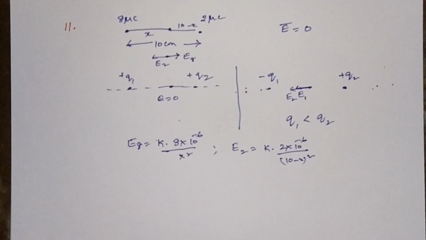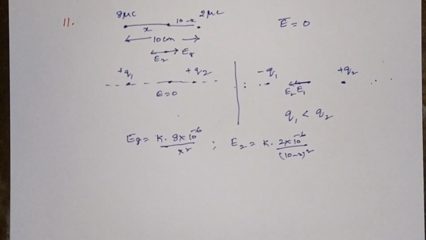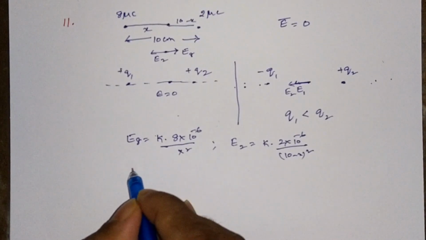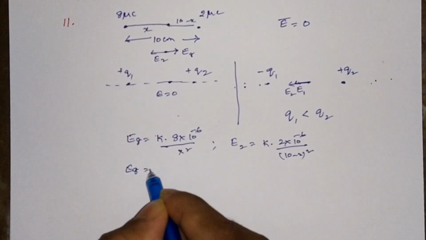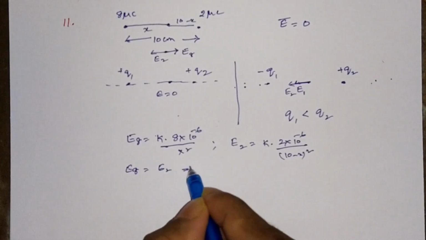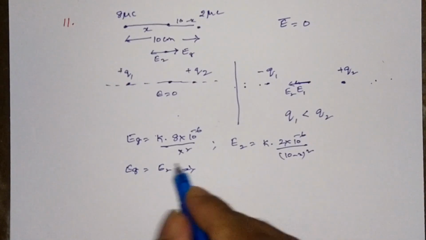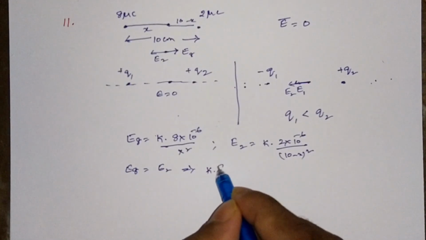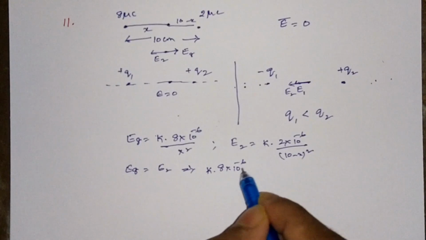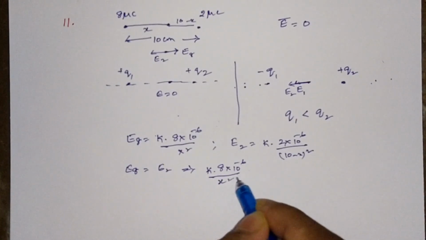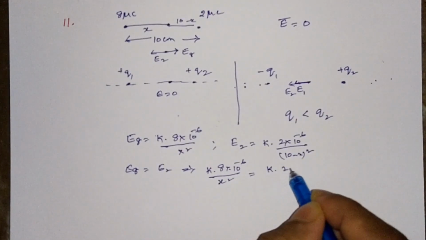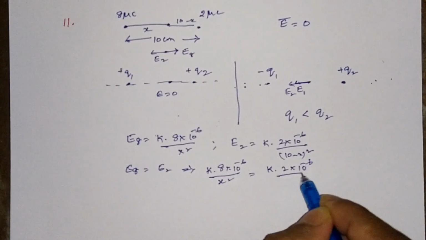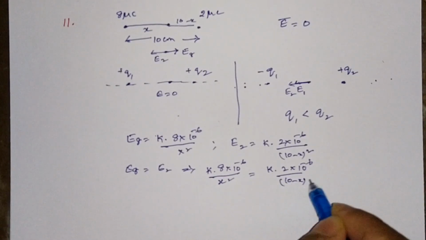When these two are equal, then at that point the E value will be 0. Therefore, E8 is equal to E2, then K into 8 into 10 power minus 6 by x square is equal to K into 2 into 10 power minus 6 by 10 minus x whole square.